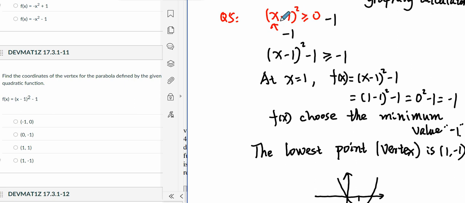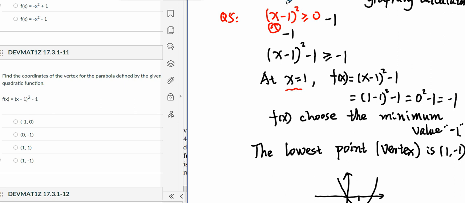So this place really is at x is 1. You then have 1 minus 1 here is 0, 0 squared is 0, and then originally we have a subtract 1, so then 0 minus 1, you have a negative.